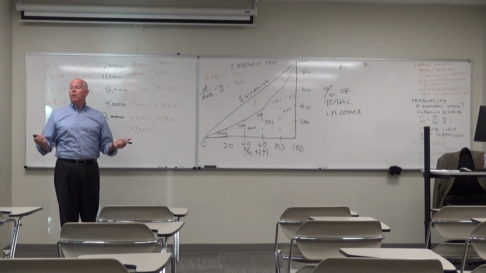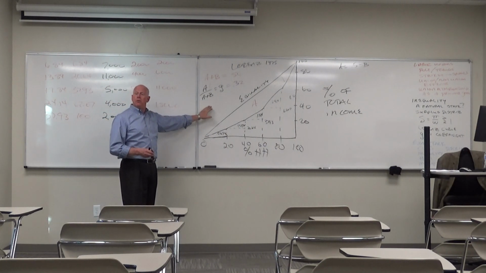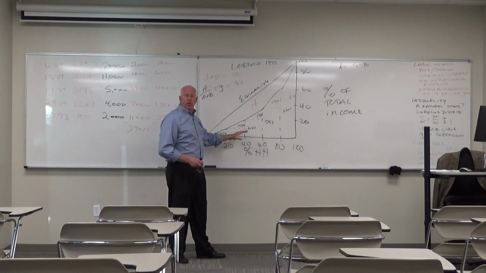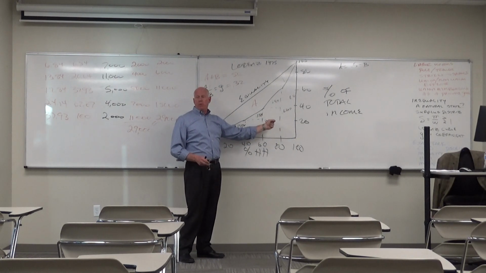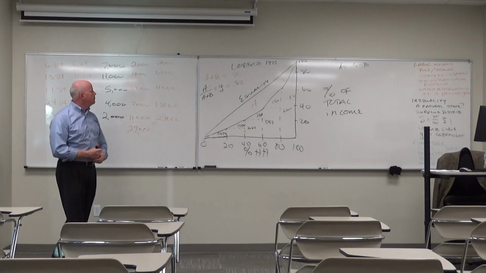It may as well be 0. So perfect equality would have a Gini coefficient of 0. Right? If A was the entirety of this, so we had horrific inequality, we could almost be 1, but not quite 1.